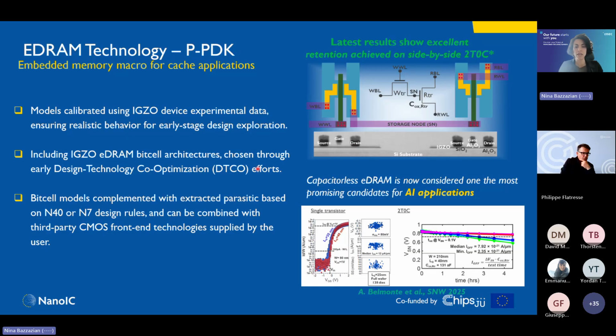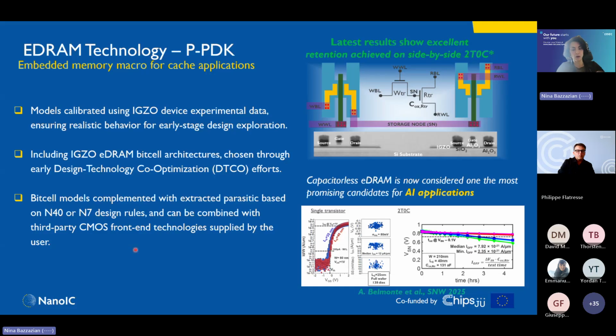But looking at it from the PDK perspective, these models are calibrated using the IGZO experimental data, so that like that, the designers could work with realistic devices from the early stage. And to make this simulation closer to what you would see actually in a real chip, we included parasitics, which were based on N40 and N7 in the bit cell models.